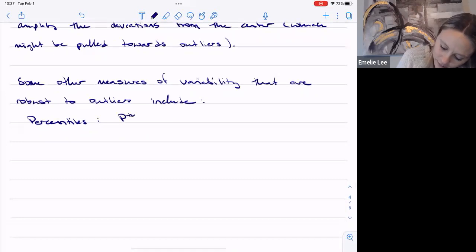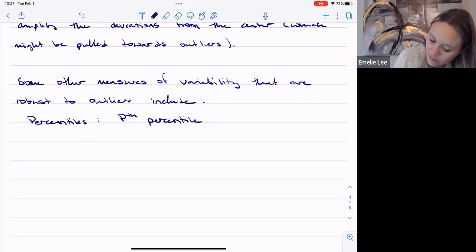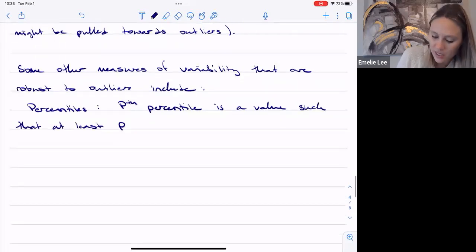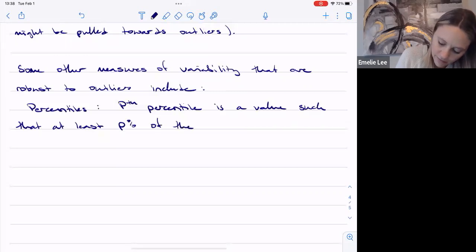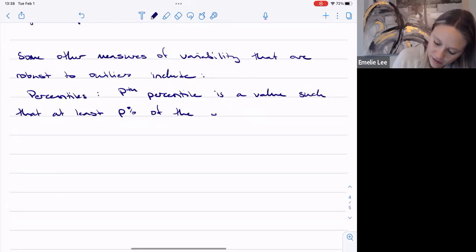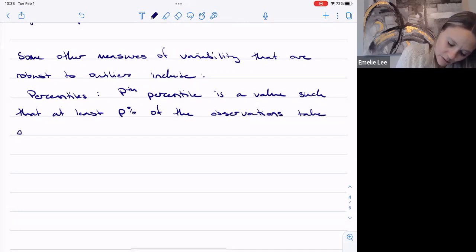And so the Pth percentile is a value such that at least P% of the values, or maybe I'll say of the observations, take on this value or less, right?